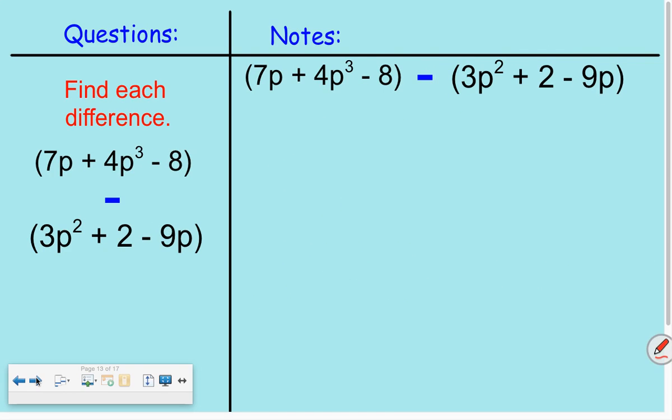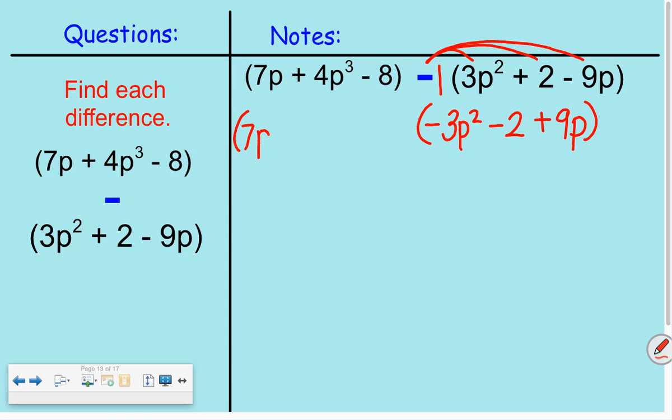Alright, again, distribute the negative 1. So negative 3p squared minus 2 plus 9p, 7p plus 4p to the third minus 8. Start my underlining, so 7p and 9p.